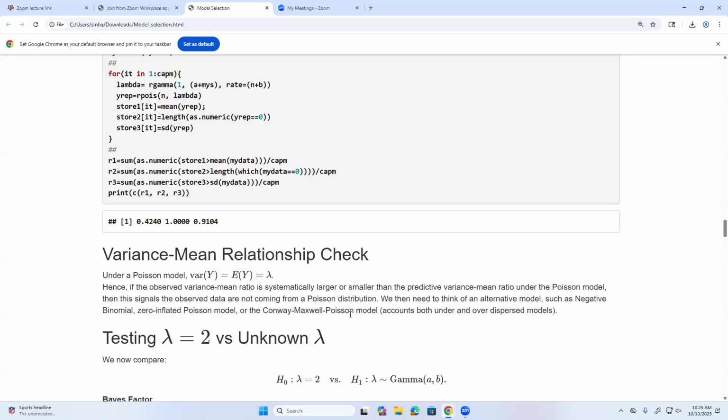Why? Because it allows you to take into account larger variation than the mean value. But Conway-Maxwell distribution is more flexible than the negative binomial distribution because it allows larger variation than the mean and also smaller variation than the mean. Over dispersion and under dispersion are allowed under this model.